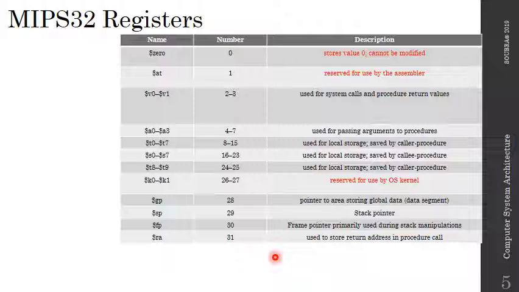So the people who will work on developing a kernel that is meant to work with the MIPS architecture, for instance, they should know that these are the registers that they should use, although they can use any other register. In order to conform with the convention here, we should try and respect as much as we can this particular convention.